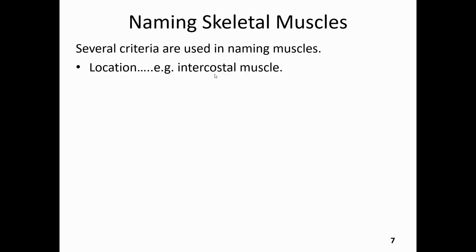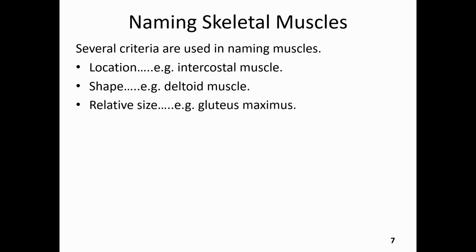These are muscles located in between each pair of ribs, and that contributes to the motion of the thoracic rib cage. In terms of shape, some muscles are named according to their shape. For example, the deltoid muscle, a major muscle of the shoulder, is triangular shaped, and so the term deltoid refers to triangular.